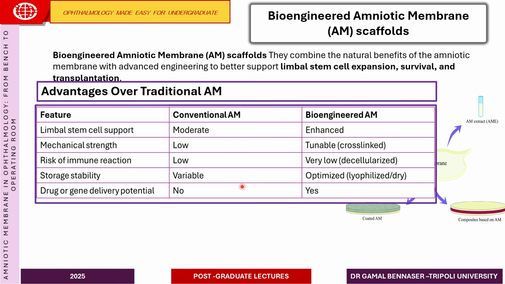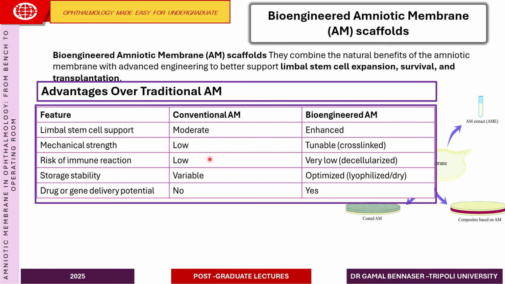Now, as far as the risk of immune rejection, as you know, the amniotic membrane has a very low risk of rejection. However, the bioengineered one, because of the decellularization that we have explained before, has a very minimal risk of rejection. As far as the storage, the bioengineered one has optimum storage at room temperature because of the lyophilization that we have explained before.